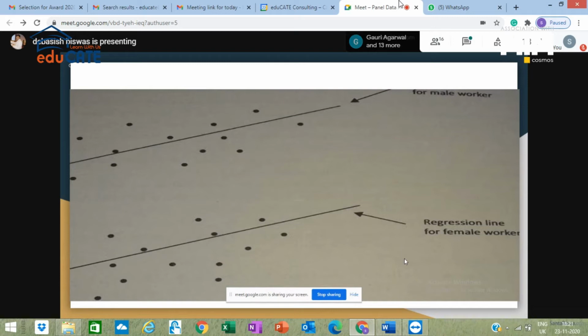So here the assumption is, for your understanding purpose, suppose there are two types of workers.